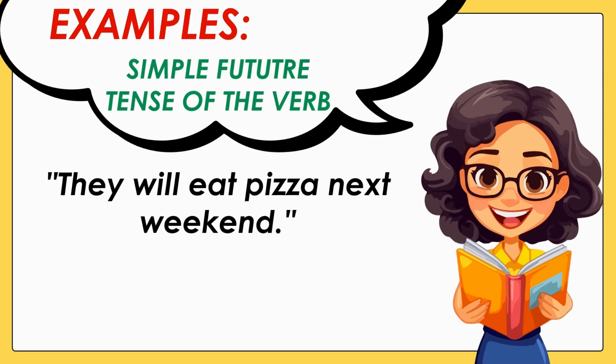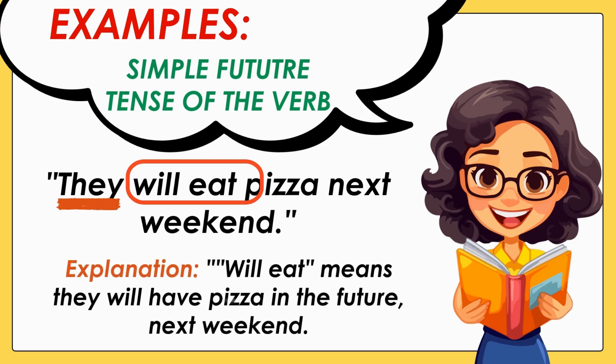Second, they will eat pizza next weekend. They is the subject or the topic of the sentence. Will eat is the verb. And will eat means they will have pizza in the future next weekend.